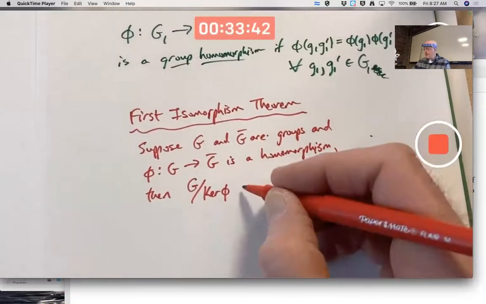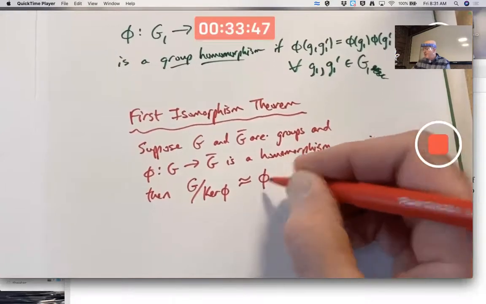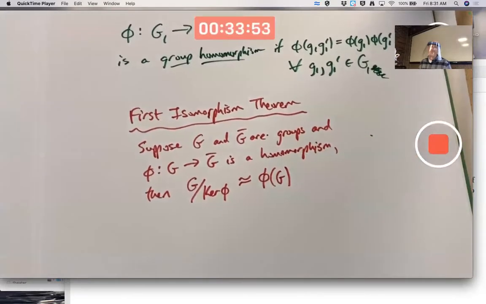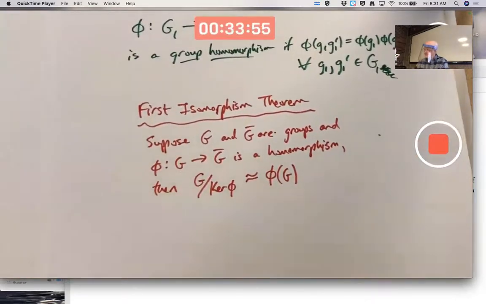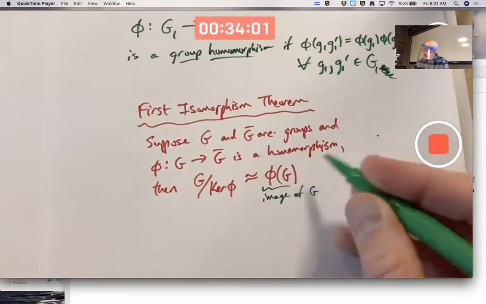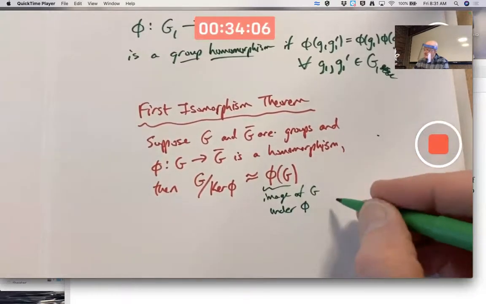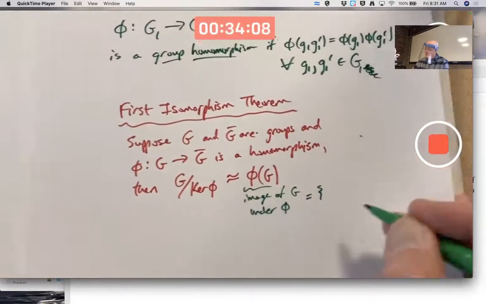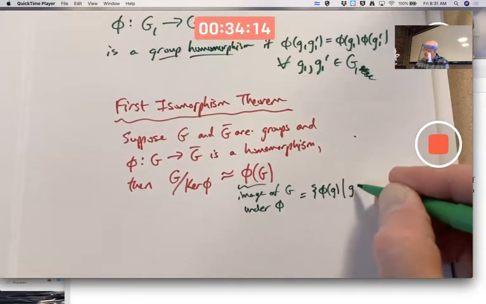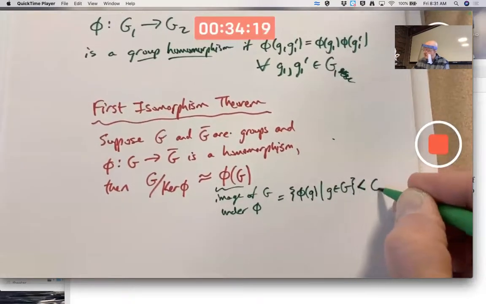This factor group is isomorphic to the factor of the group that is the image of G under phi. Image of G under phi. It's the set of all outputs of phi as little g ranges over capital G. And it's a subgroup of G bar.